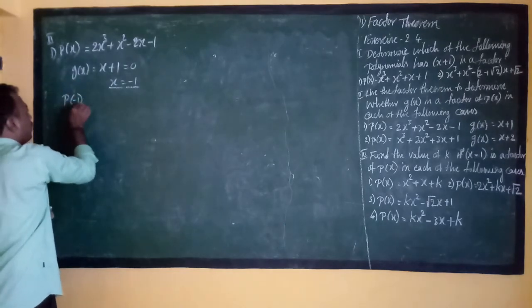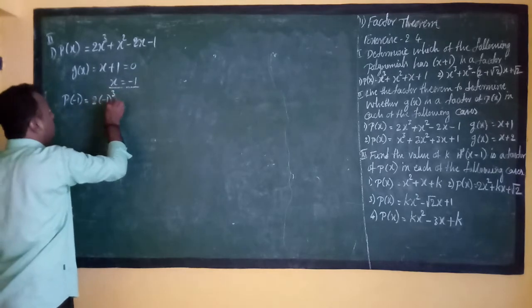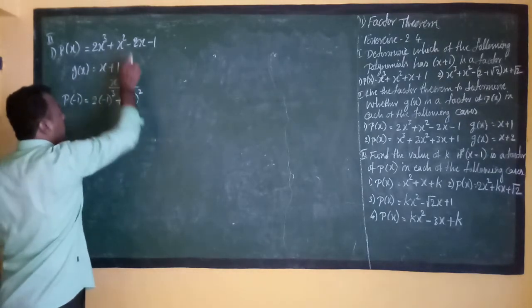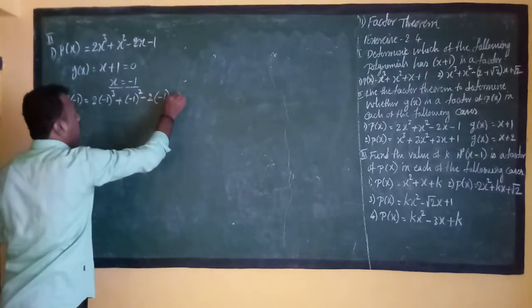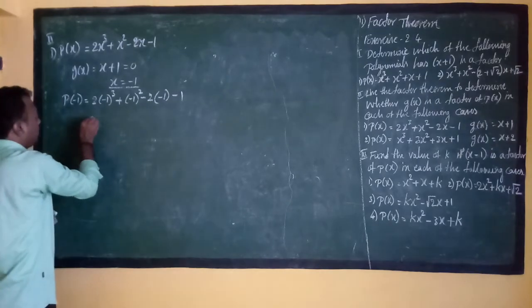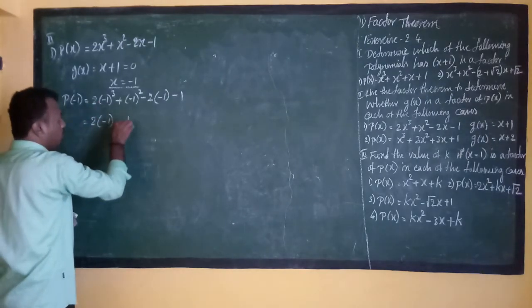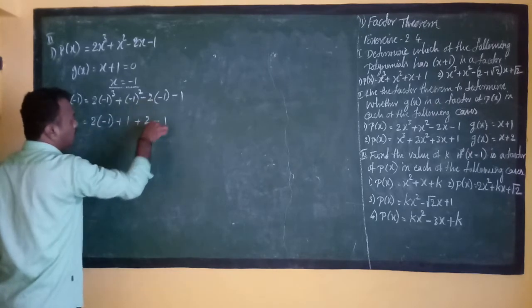P of minus 1 is equal to 2 into minus 1 whole cube plus minus 1 whole square minus of 2 into x means minus 1. So 2 into minus 1 whole cube means minus 1. Plus minus 1 whole square means plus 1. Minus into minus, plus 2 ones are 2, minus 1.